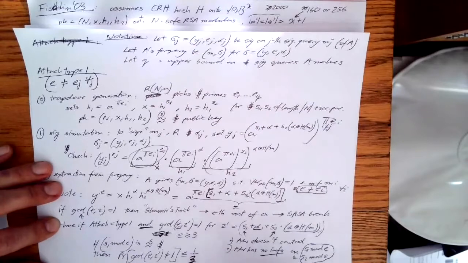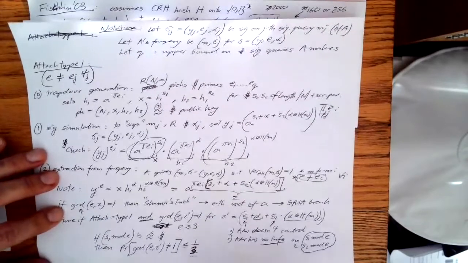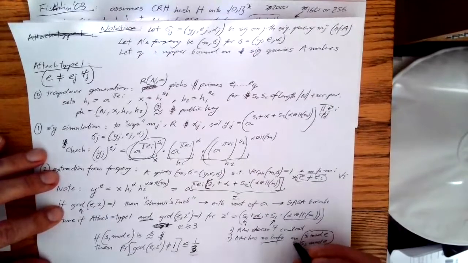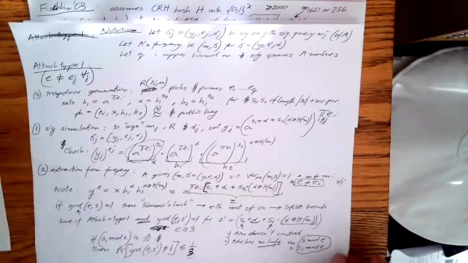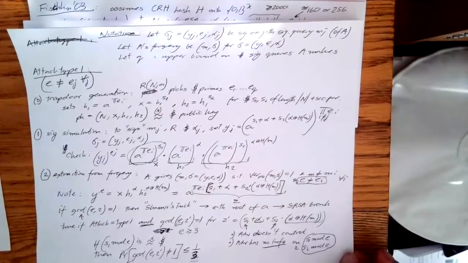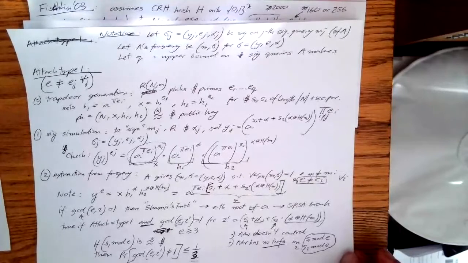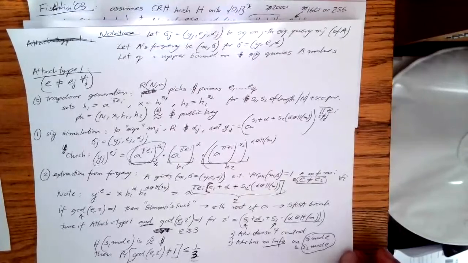And that works for all prime divisors. So why is it that he has no info? Well, it's the same argument as I used before.